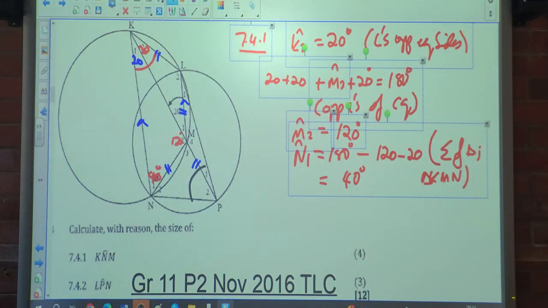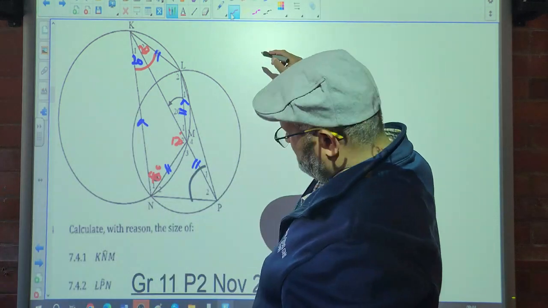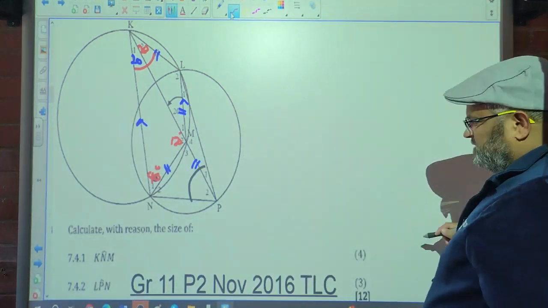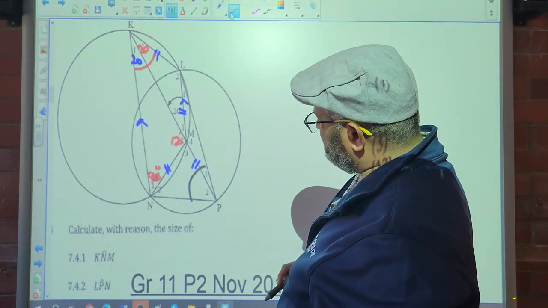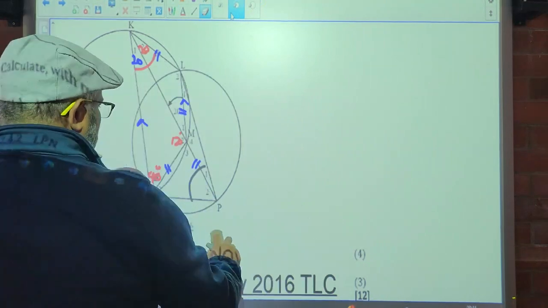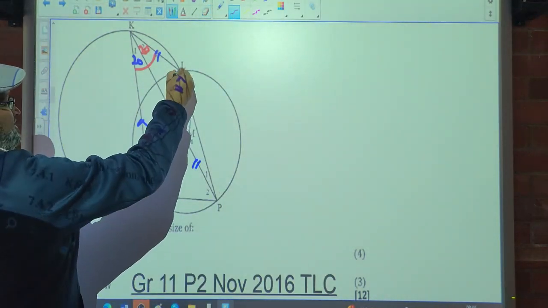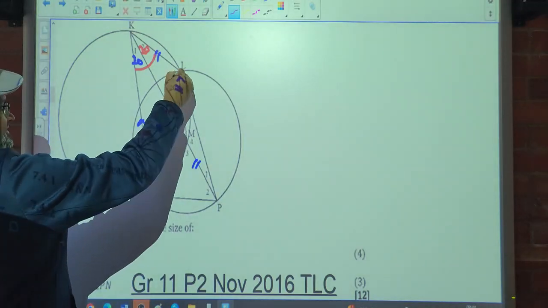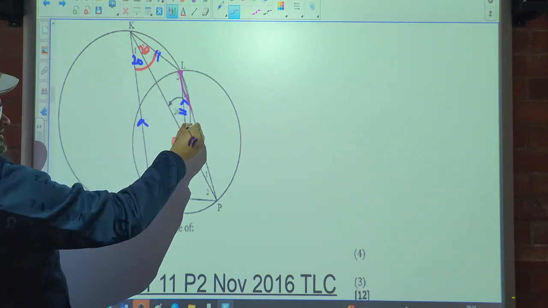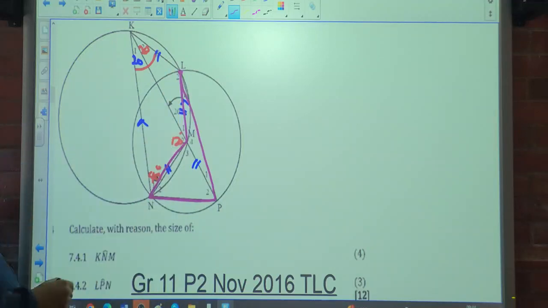There's probably an easier way. Yeah, definitely an easier way, because I'm seeing it's only 3 marks. So I realized that there must be an easier way. But what I notice is that this arc LN is actually subtending this angle here. So the angle at center is twice the angle at circumference. Can you see that, people?